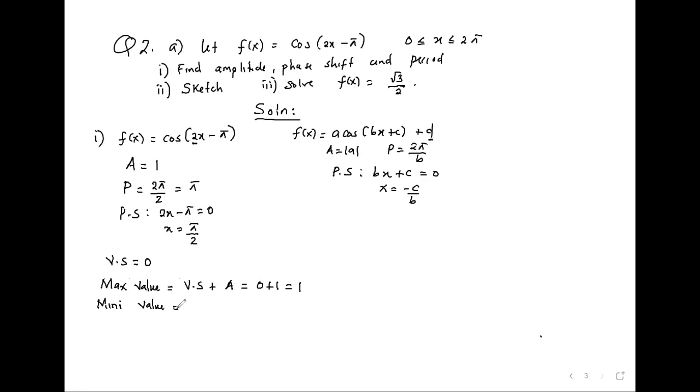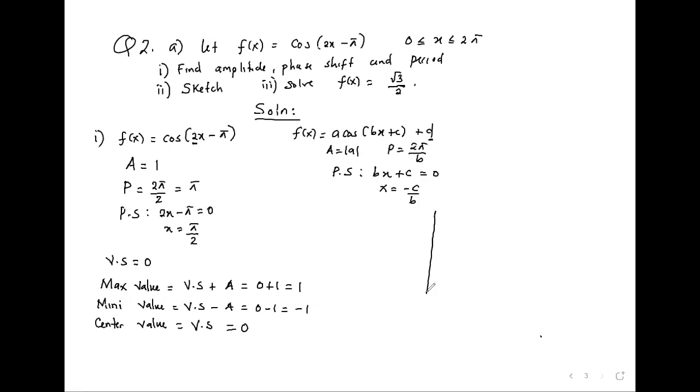The minimum value is the vertical shift minus the amplitude, which is 0 minus 1, we get minus 1. The center line is the vertical shift itself, which is equal to 0.